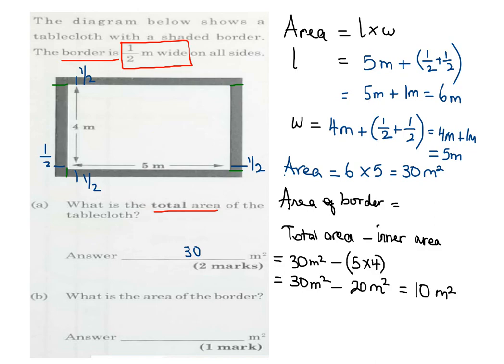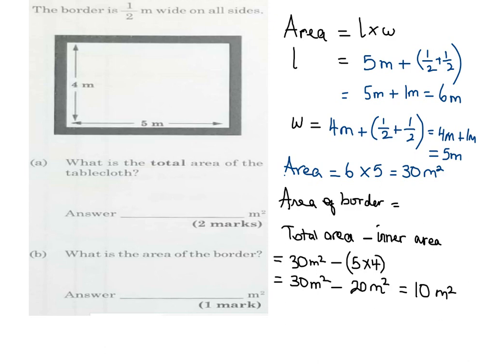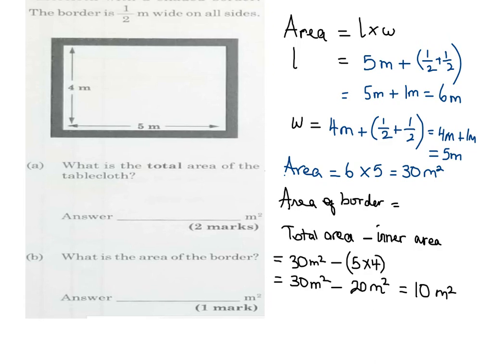And again, the same thing, I'll look at the marks, and basically you use the amount of marks that you're getting to kind of guide you along the way in terms of the amount of work that you really have to put into it. And simply because the area of the border, they're asking you to do that and you're only getting 1 mark, it makes sense that the fastest route to the answer, which is to just find the difference between the areas, that's what they want to see.